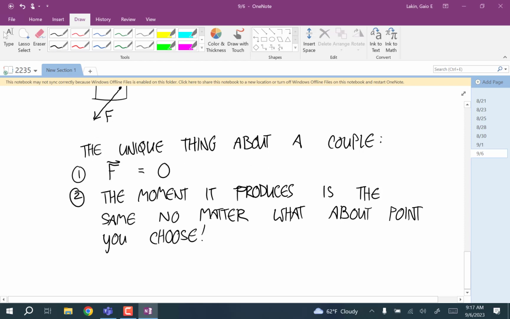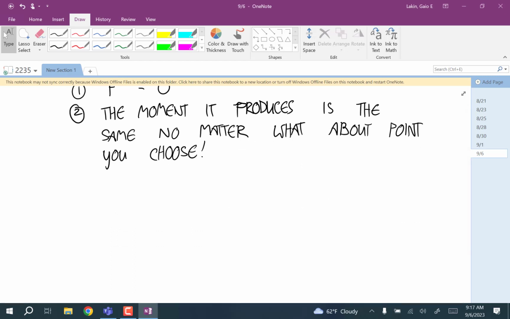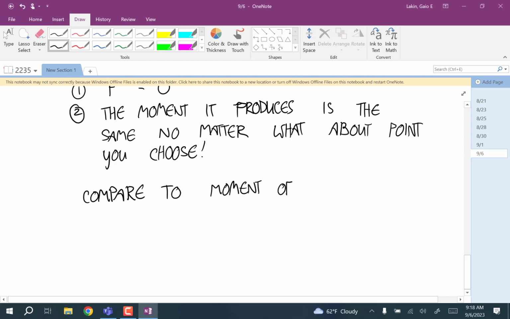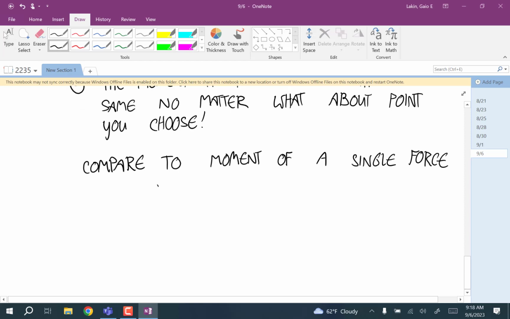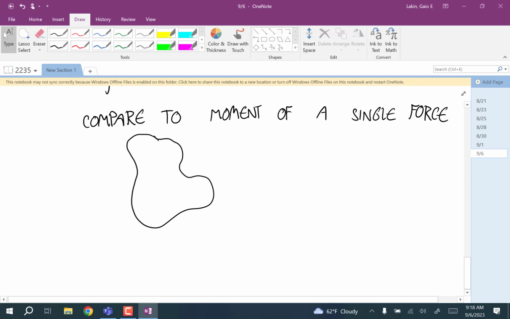Okay, that's pretty surprising because, first, let's think about or compare to just the moment of a regular force. Okay, so let's say there's the object.